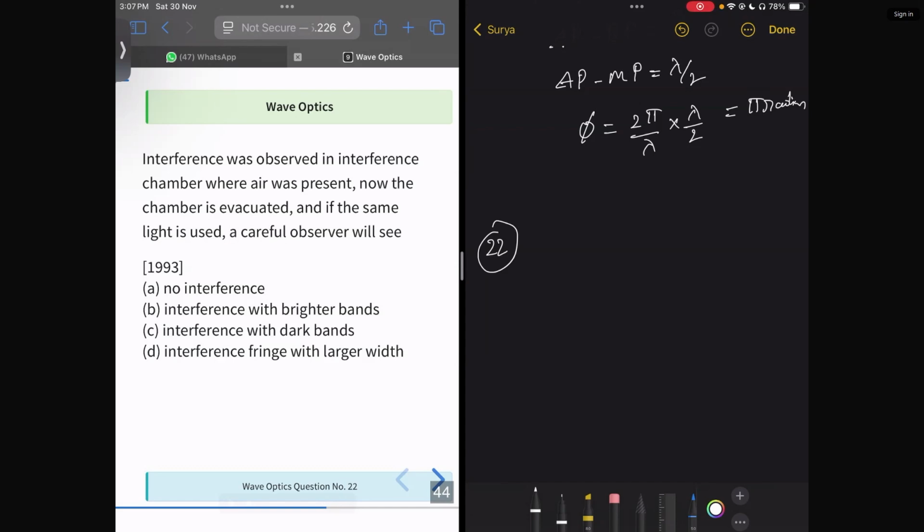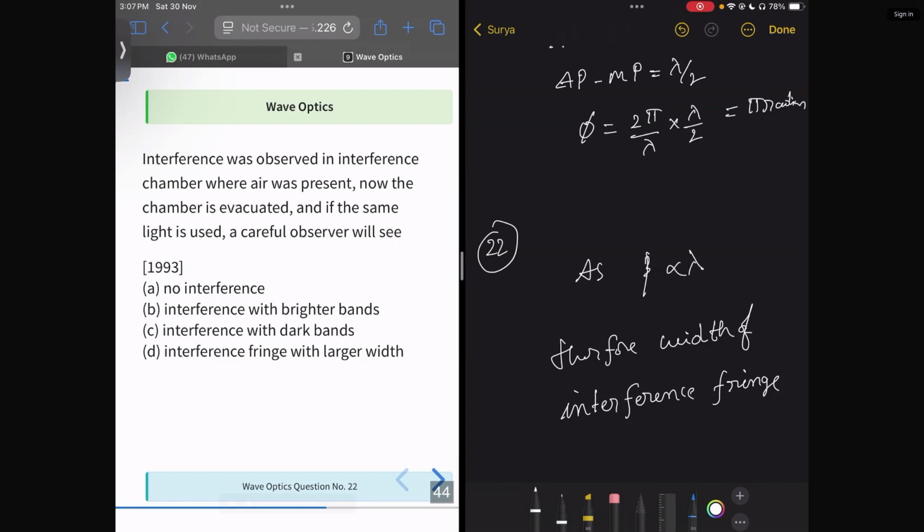Actually, in vacuum, lambda increases very slightly compared to that in air, as beta is proportional to lambda. Therefore, the width of the interference fringe increases slightly.